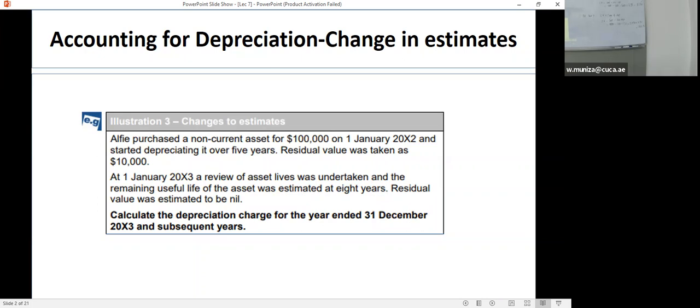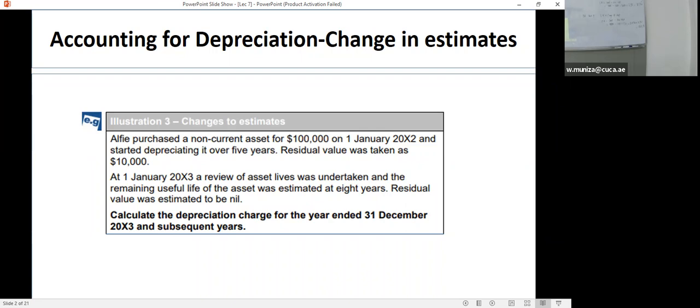Credit will be accumulated depreciation account. How much amount of depreciation is going to be passed, students? Can anyone tell me? Cost minus residual value now. How much residual value is estimated now? Nil. And expected useful life is how much? 8 years. So divided by 8. So the new amount of depreciation is how much, students? 12,500.